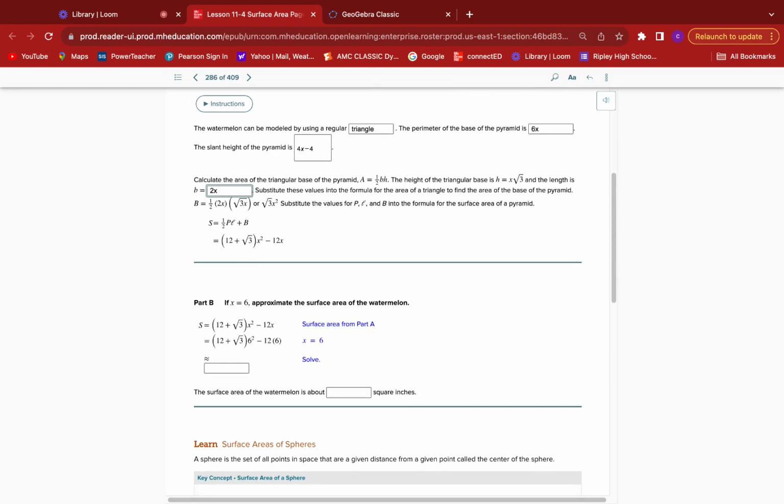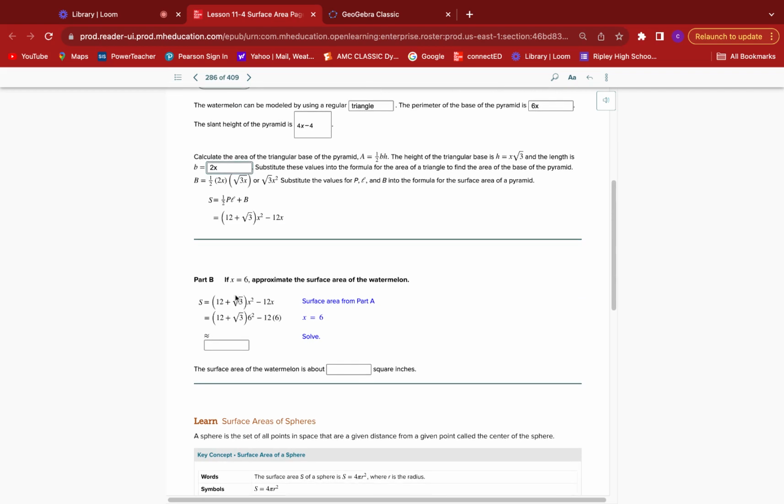All right, and then they ask us, what if x is 6? At this point, we're just going to do a little plugging and chugging. Take that x, replace it with 6. Take this x, replace it with 6. Grab a calculator. So we got, in parentheses, 12 plus the square root of 3, close parentheses, times 6 squared, and then minus 12 times 6.